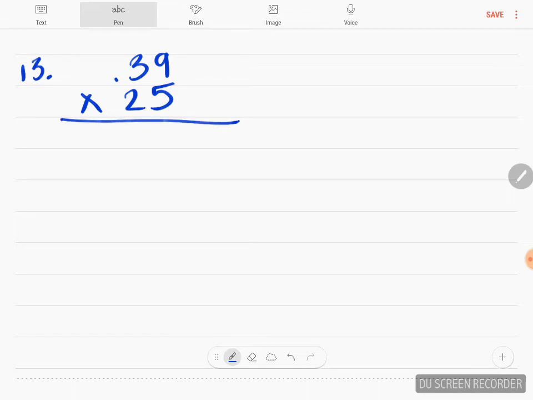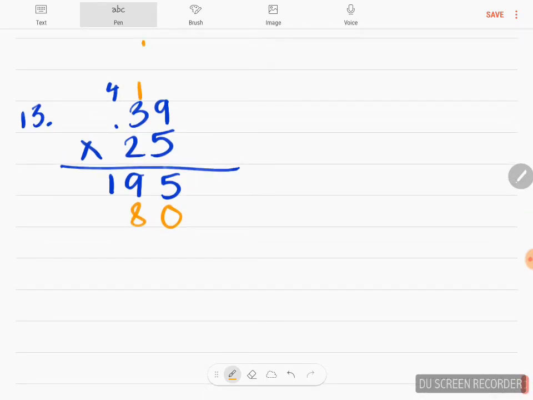9 times 5 is 45. Carry the 4. 5 times 3 is 15. Plus 4 is 19. 0. 2 times 9 is 18. Actually, hold on. It's 18. Carry the 1. 2 times 3 is 6.